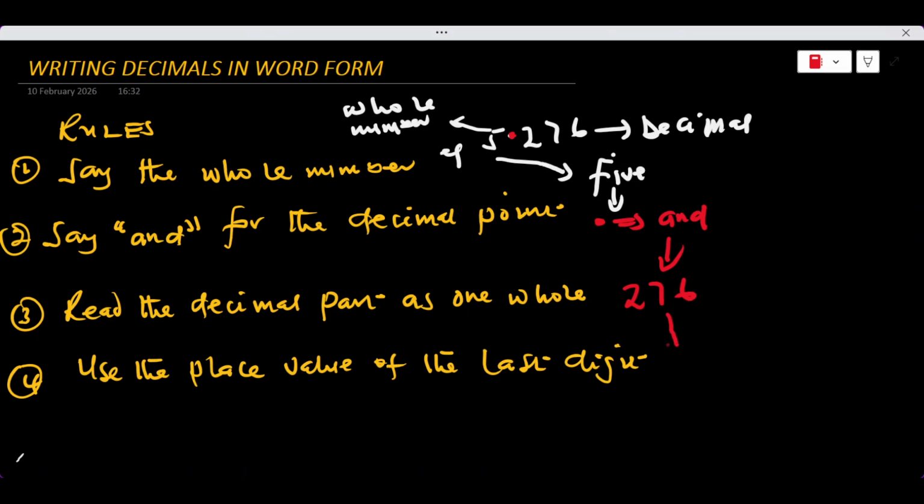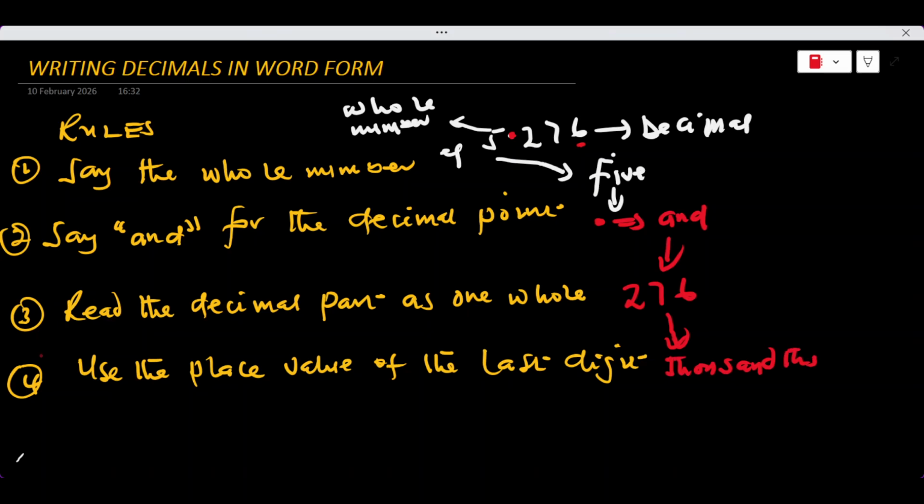And then this also leads us to the last rule, which says use the place value of the last digit. So what is the last digit? The last digit here is 6. And what's the place value? It is at the thousandths position or place.